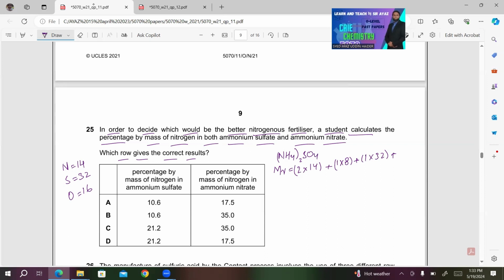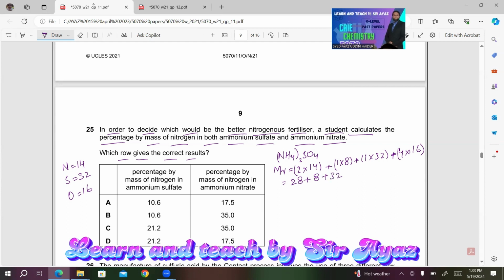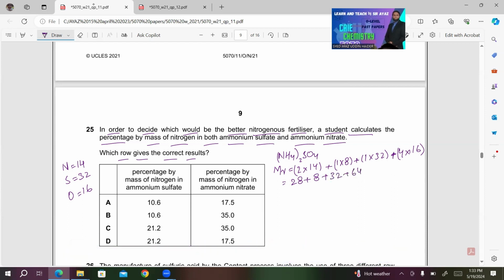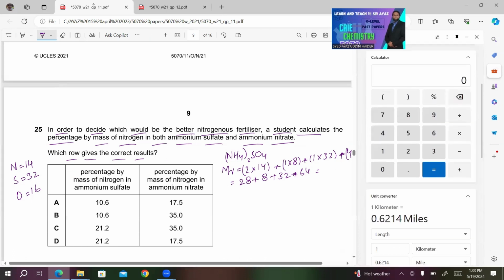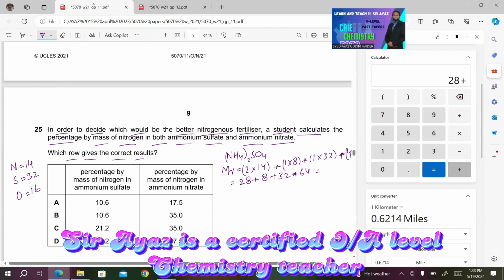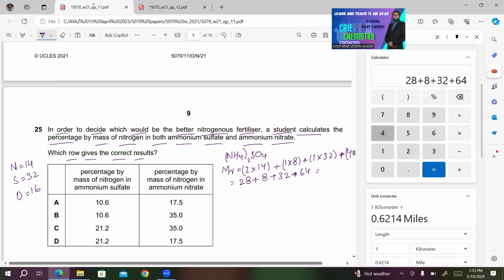We have 4 atoms of oxygen, so 4 multiplied by 16. So 28 plus 8 plus 32 plus 64 is 132.